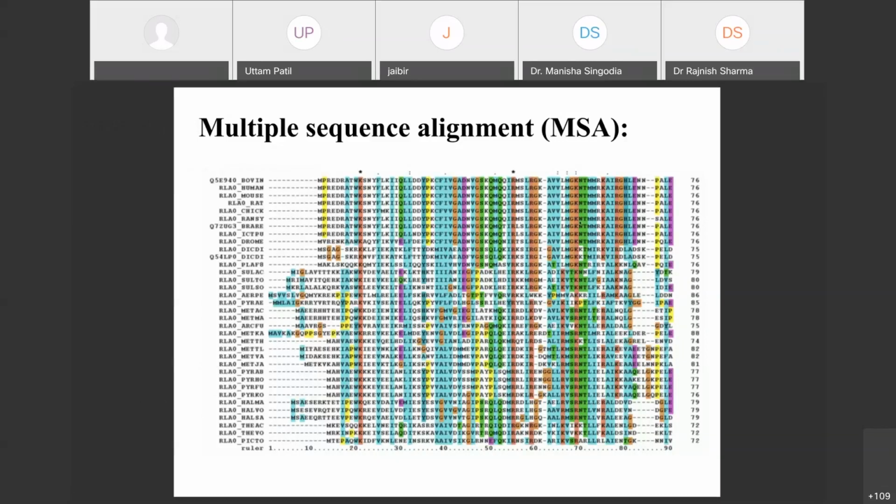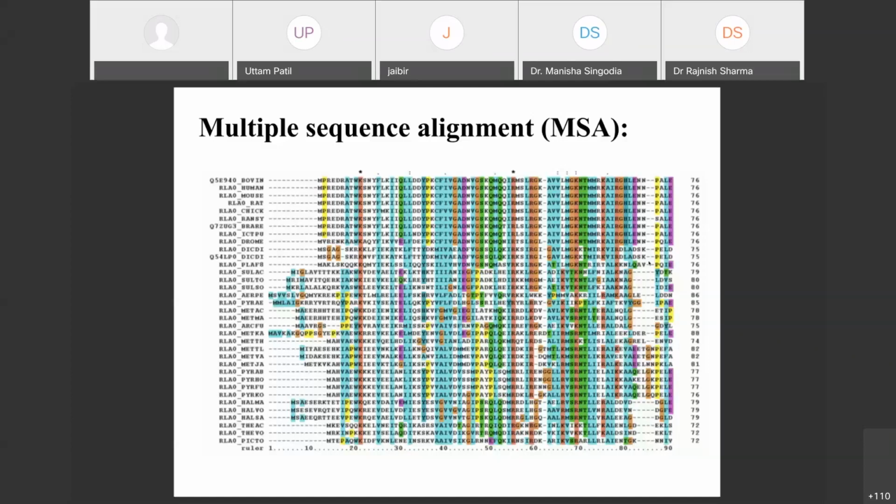So using this particular multiple sequence alignment, you can also cluster the sequences. The clustering is, you can see which are the two sequences which are highly related, and then so on. You can say the sequences which are less related, and so you can actually create a phylogenetic tree using this multiple sequence alignment, which will tell you some very good information about these proteins, like what are the proteins which are similar to each other, which clusters are more similar to the other cluster, and what are the clusters which are very far away from each other.